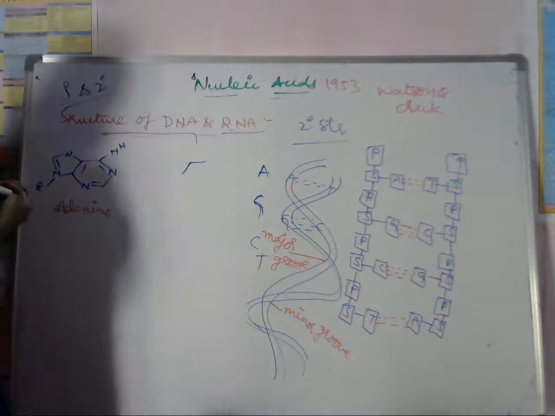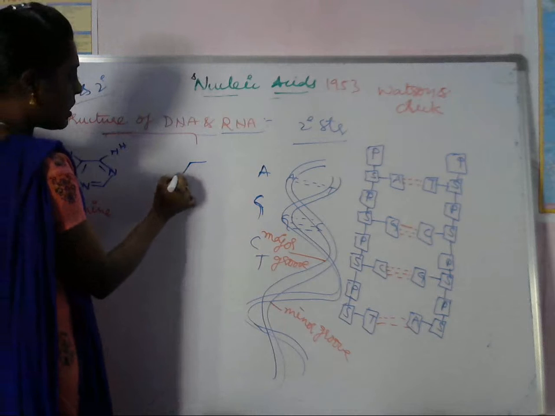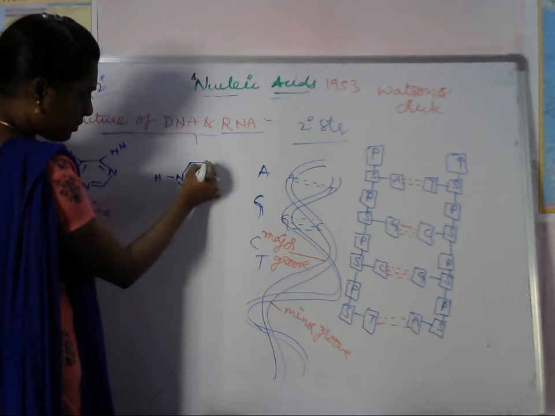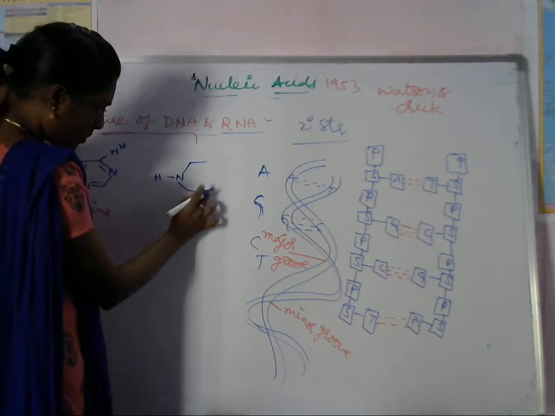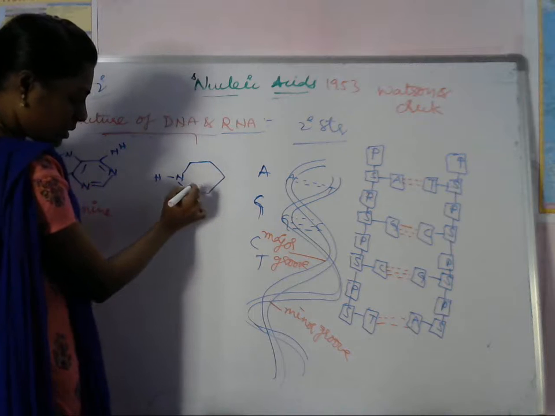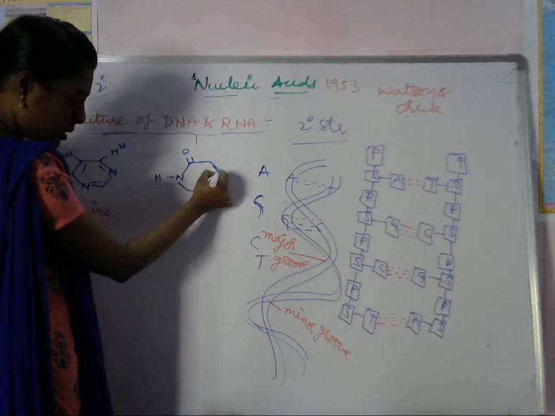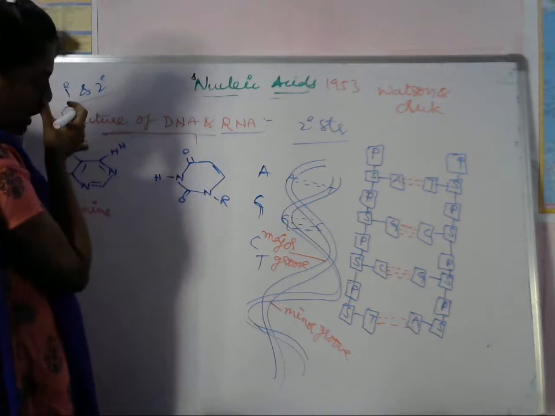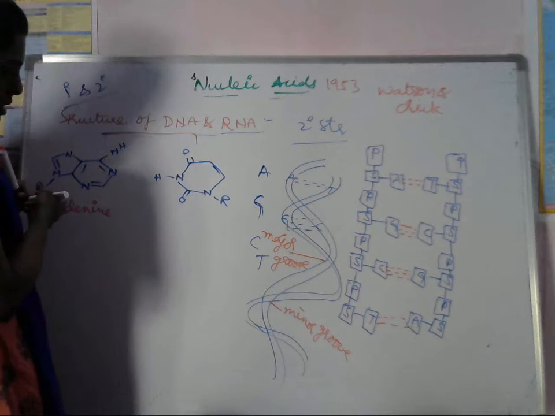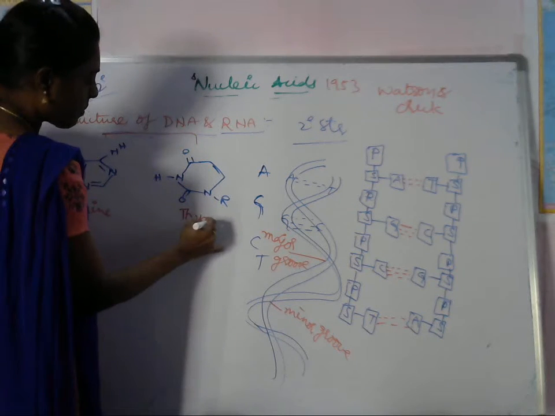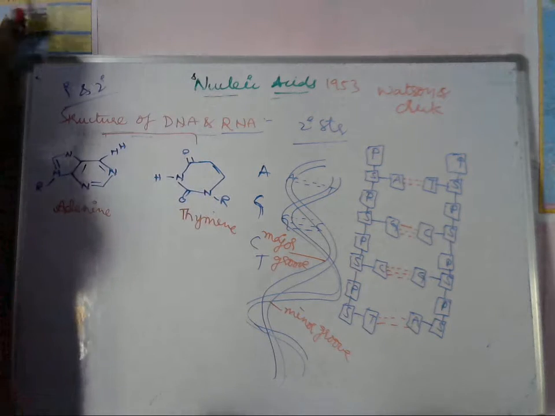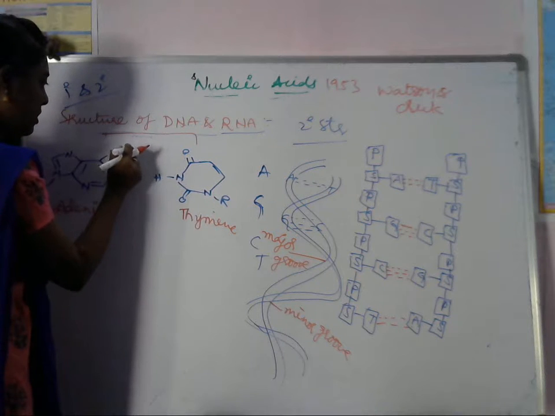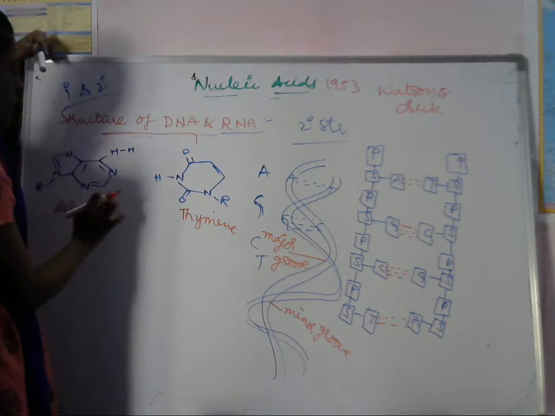Let's see how the bonding is present between these. This is thymine. Here this hydrogen is there, so there are two hydrogen bonding interactions between adenine and thymine.